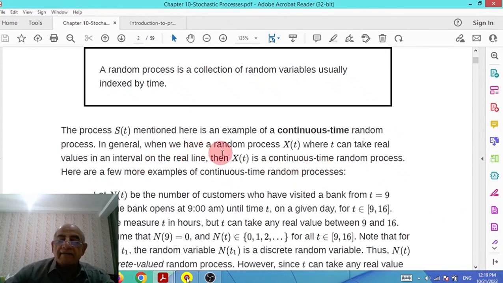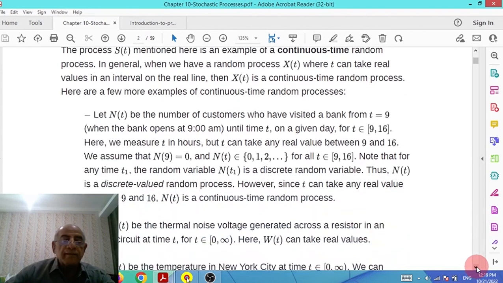When we have a random process X(t) where t can take real values in an interval on the real line, then X(t) is a continuous time random process. For example, let N(t) be the number of customers who have visited a bank from t equal to 9. The bank opens at time 9.